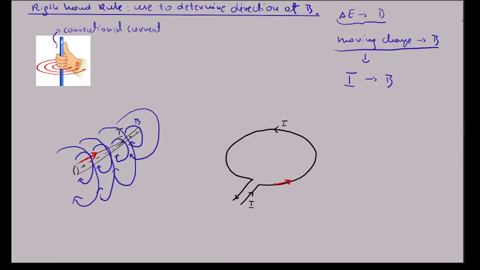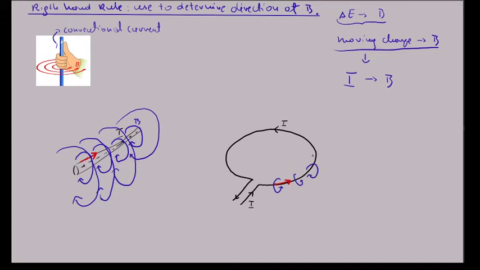Then you would curl your fingers of the right hand, and your fingers would curl like this. And that would be the direction of the magnetic field. If you're somewhere here, your fingers would curl like this. If you're out here, that's going to be tricky to draw, but your fingers would curl like this.